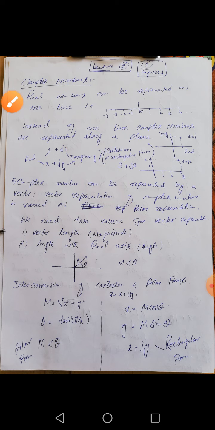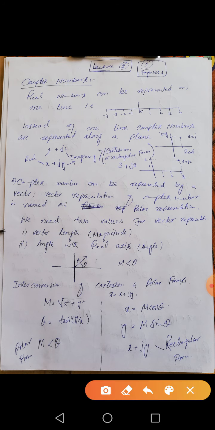We can convert the complex number from rectangular form to polar form. In rectangular form we need the real part and the imaginary part, x and y. In the polar form we need the magnitude and the angle.